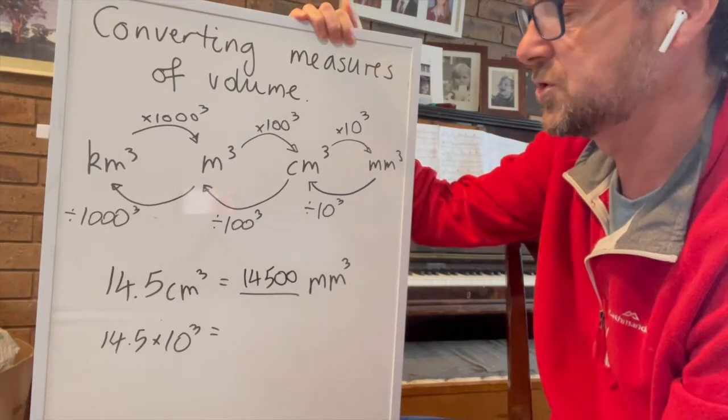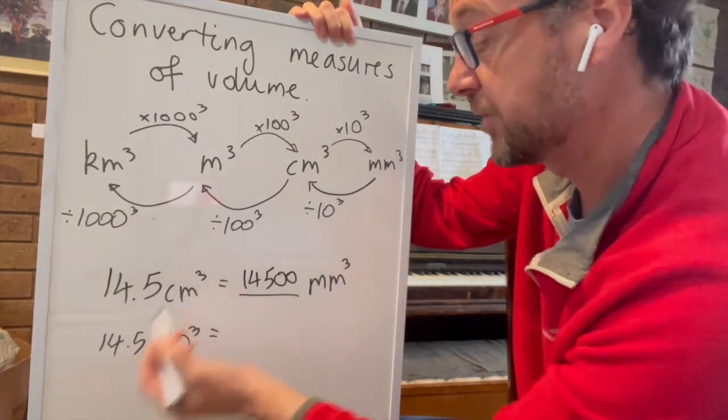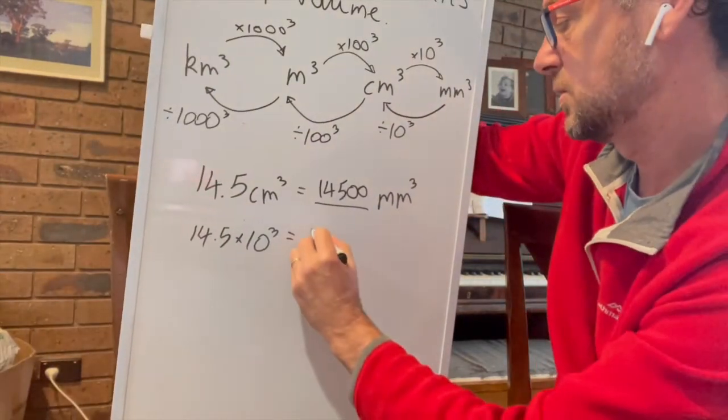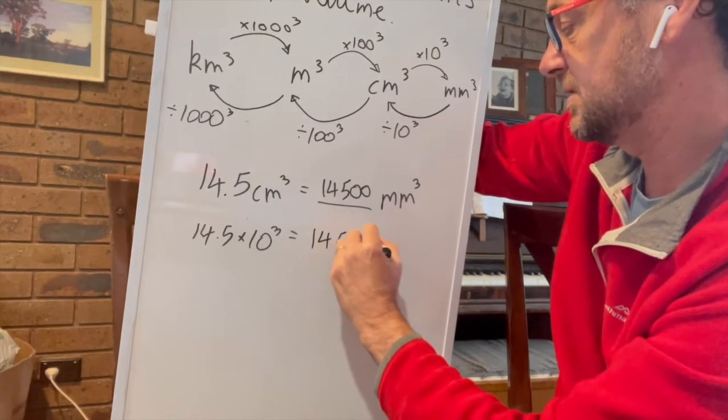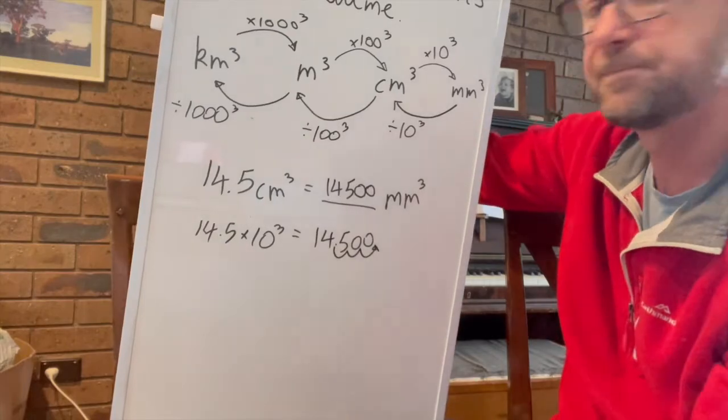And if we wanted to do it without a calculator, we're multiplying, so we can move the decimal point 3 spots, okay? So it would be here, 14500, and it'll be moving 1, 2, 3 spots to there.